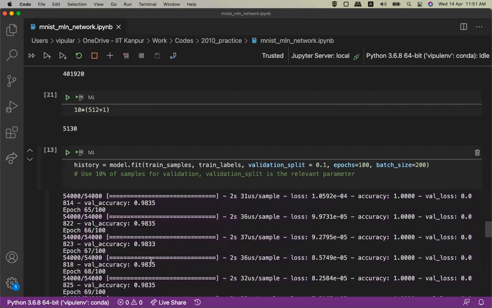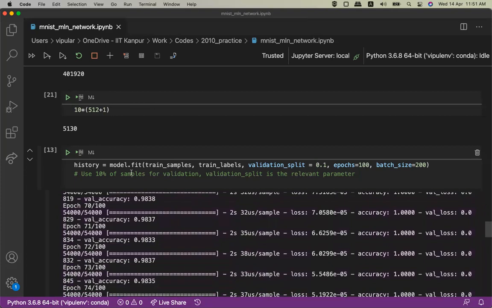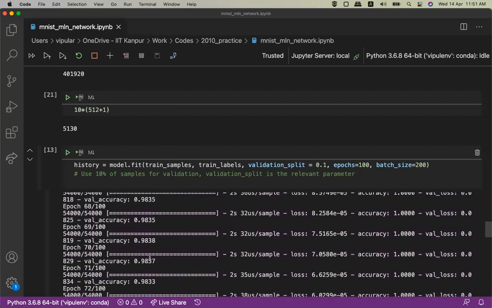So I could have used a condition in this fit function to stop at the point where the validation accuracy stops improving for, let us say, 10 consecutive epochs. If for 10 consecutive epochs you see that your validation accuracy is not improving, then you say, okay, just stop.